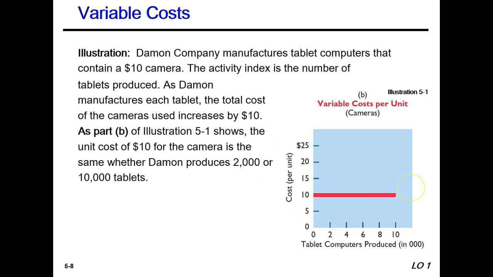As Part B of this illustration shows, the unit cost of $10 for the camera is the same if Damon produces 2,000 tablets or if Damon produces 10,000 tablets. The cost per unit does not alter. Okay?